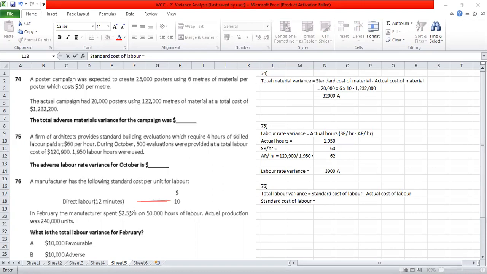So we need to know the total time, which is 50,000 hours. 50,000 hours is 50,000 into 60 minutes, because it's measured in terms of minutes. So we have 50,000 into 60 into 10 divided by 12. That is the standard cost of labor.